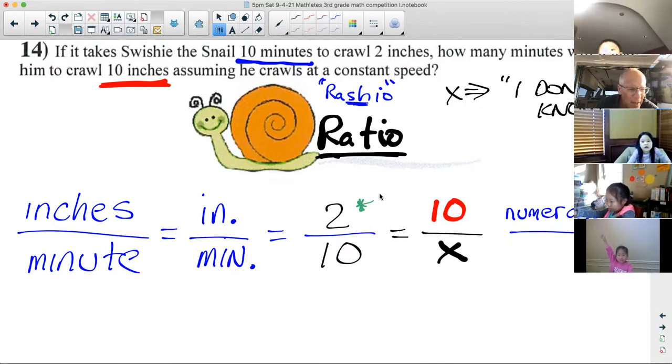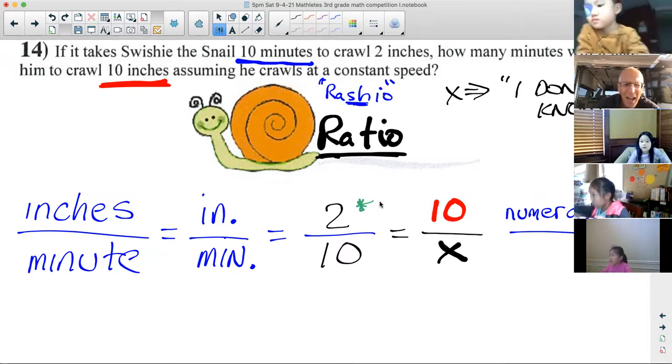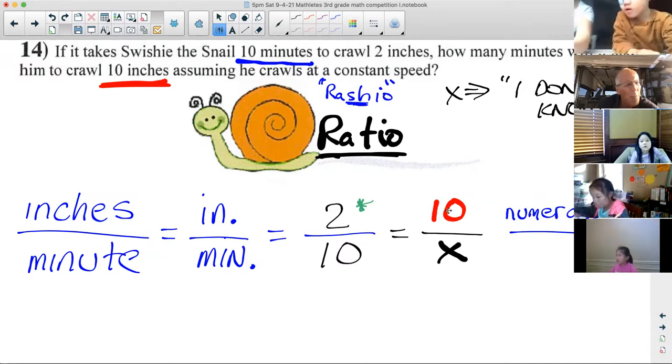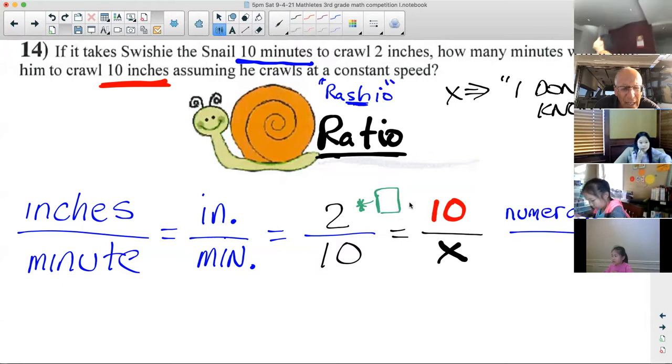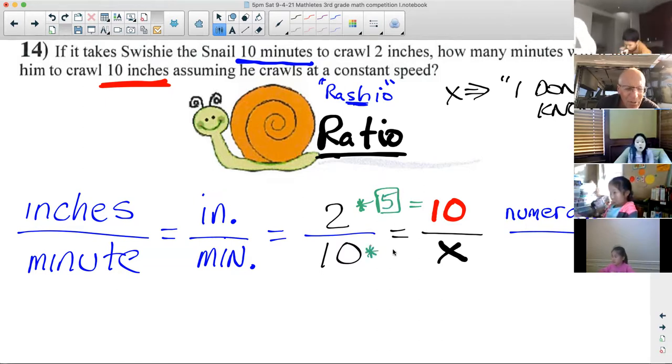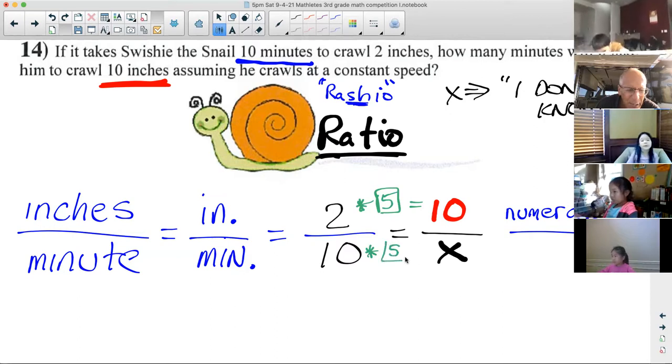Go ahead, Eleanor. Oh, but look at what we need. 2 times what number equals 10? 5. So then it's 5. And therefore, 10 times 5 is going to be our answer.